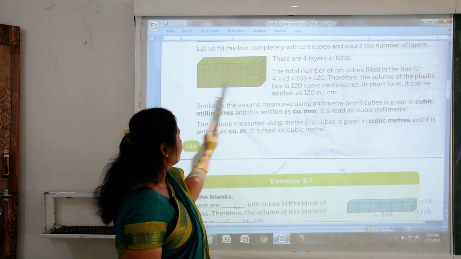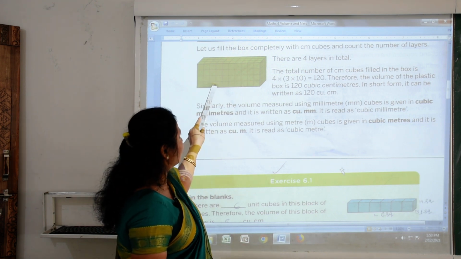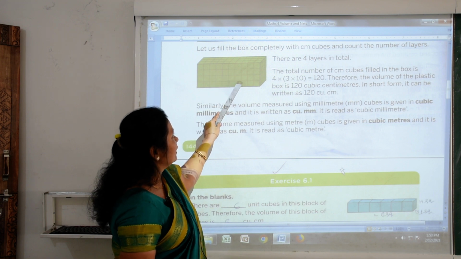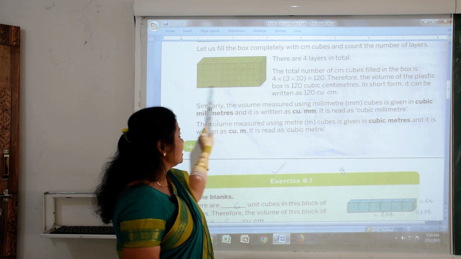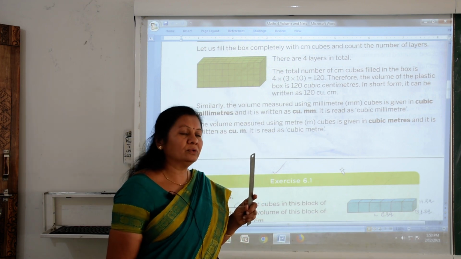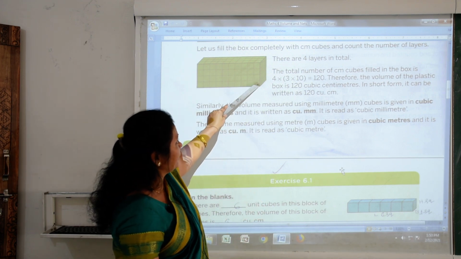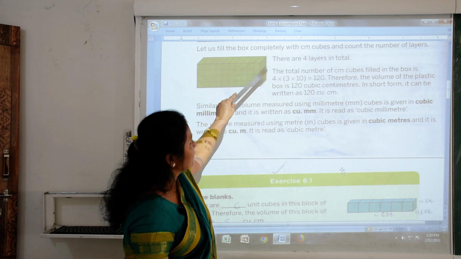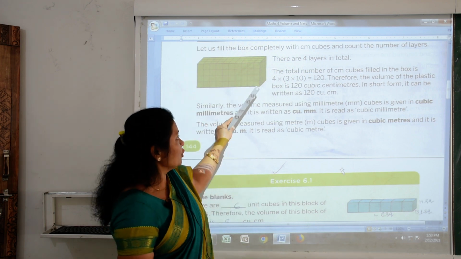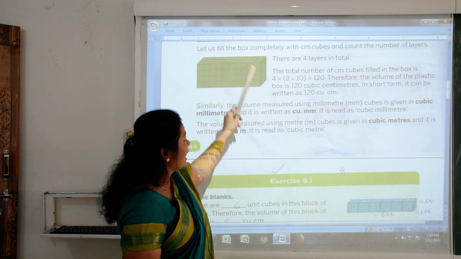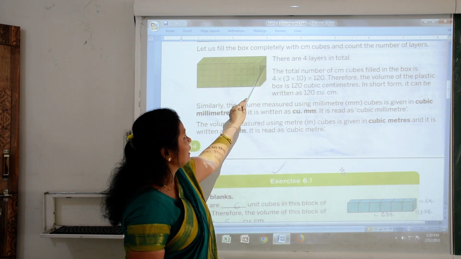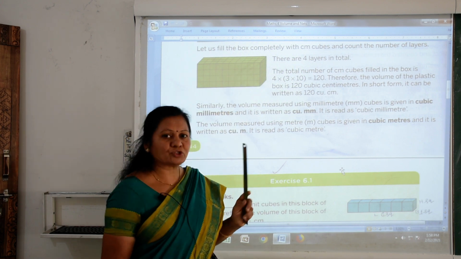This length is equal to 1, 2, 3, 4, 5, 6, 7, 8, 9, 10 squares. Here breadth is 1, 2 and 3 cubic centimeter, and here height is 1, 2, 3, 4.